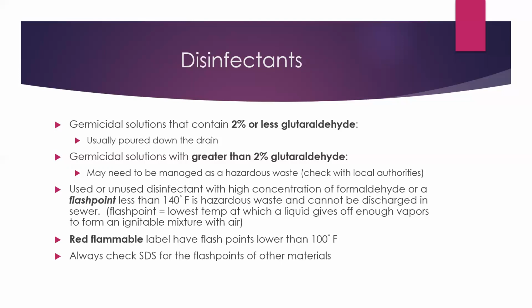Okay, so it's the lowest temperature that can give off the vapors. So if you have a flash point of less than 140 degrees Fahrenheit, it can't be discharged in the sewer. A red flammable label has flash points lower than 100 degrees Fahrenheit. Okay, and that's when the labeling comes into effect. So you have to always check your SDS for the flash points of other materials.